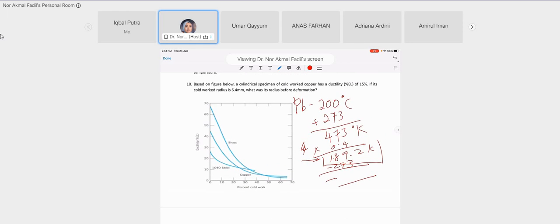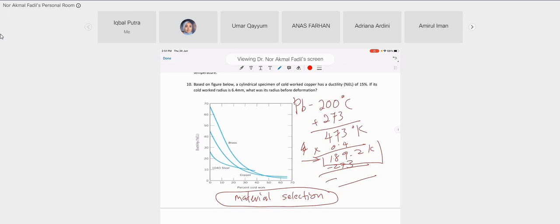That's the reason in the 4th year you take the course system design, and in system design there is one topic that is material selection. It is a small topic, but you need to have this ability to choose material.